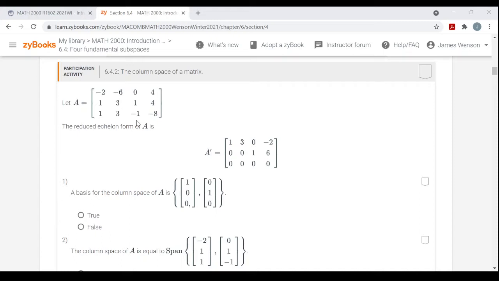And again, the column space is the span of these 4 column vectors. But apparently I don't need 2 of them. I only need the first and the third one to make the same space.